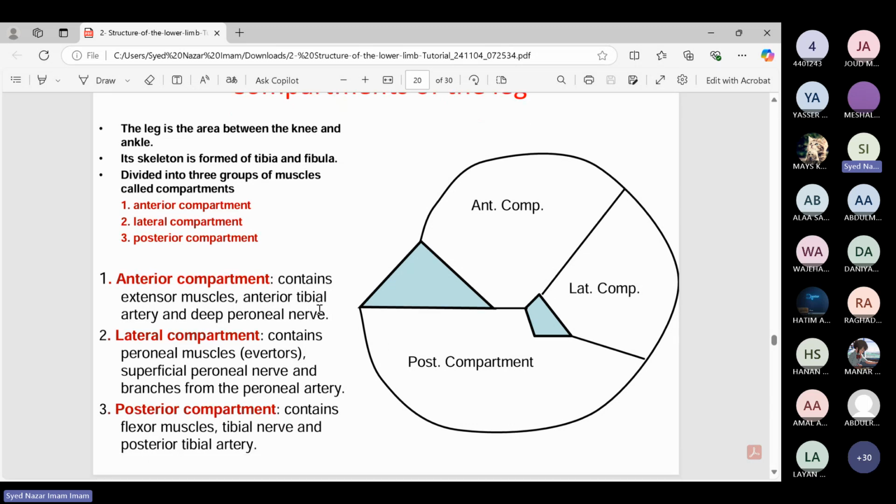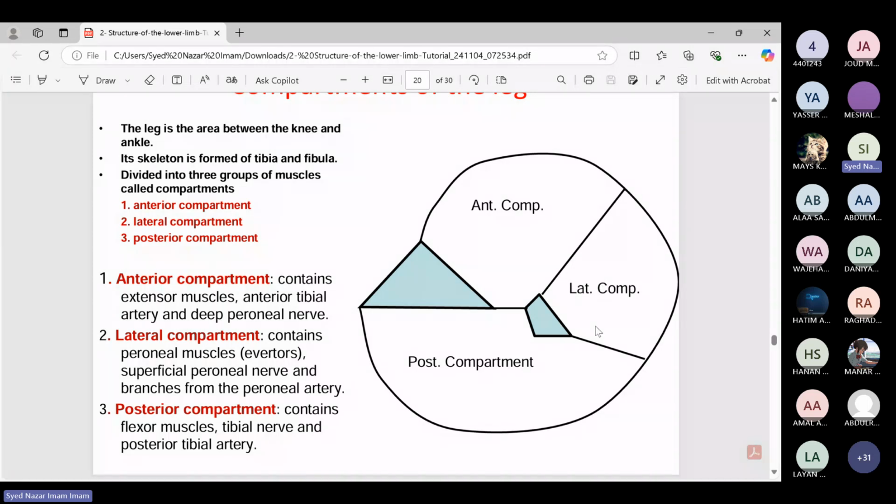Now, what muscles do we have in these compartments? The anterior compartment is the dorsiflexion and the extensor, so anterior compartment muscles are extensor muscles. The posterior compartment muscles are flexor muscles, and the lateral compartment muscles come only from the fibula, so we call them fibularis.